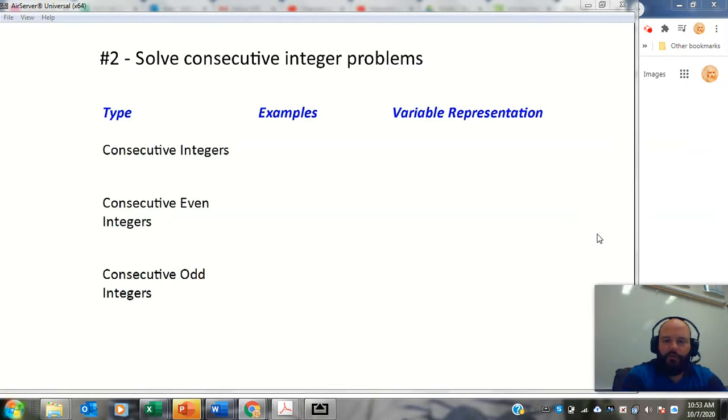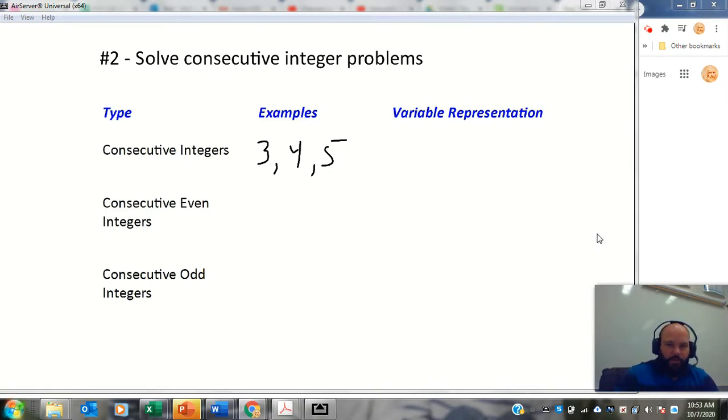And so first we need to establish what a consecutive integer is and, if we don't know what those integers are, how we represent them with variables. An example of consecutive integers would be 3, 4, and 5. Each of those numbers is an integer, and they're consecutive because they're right in a row. 3, and then after 3 comes 4, and after 4 comes 5.